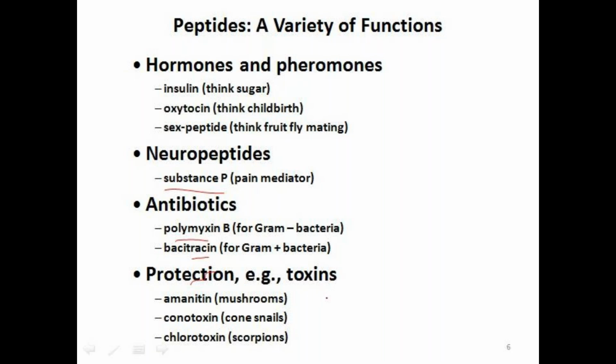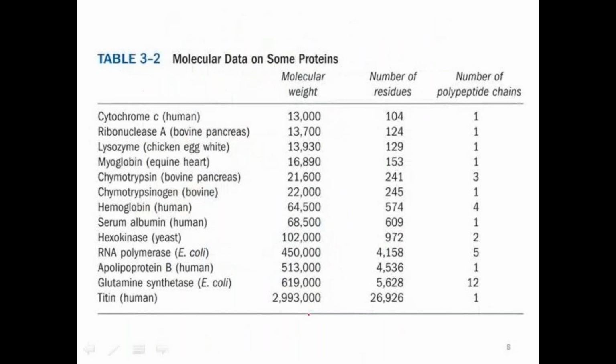Different types of toxins are present in different organisms, and mainly these consist of peptides. Mushrooms contain the amanitin toxin, scorpions contain chlorotoxins, and cone snails contain conotoxins. These are the types of toxins giving protection, and these are the types of functions exhibited by different peptides.